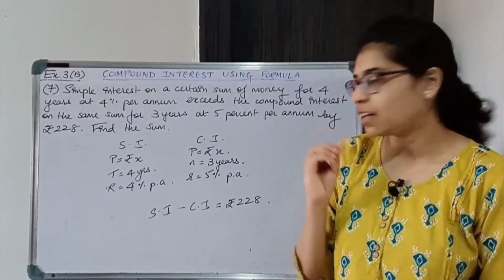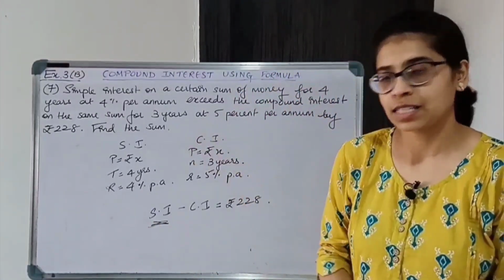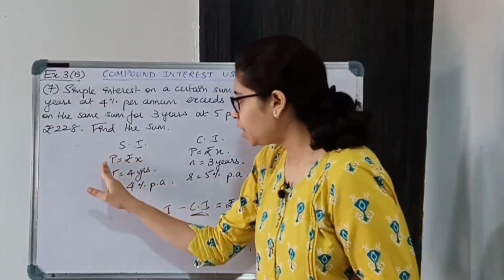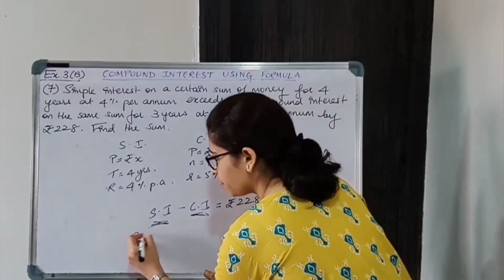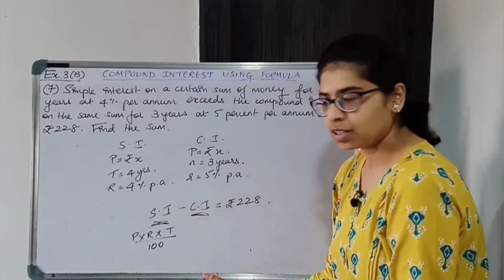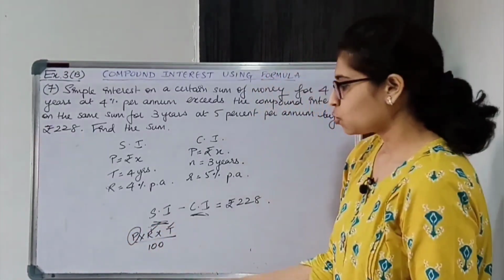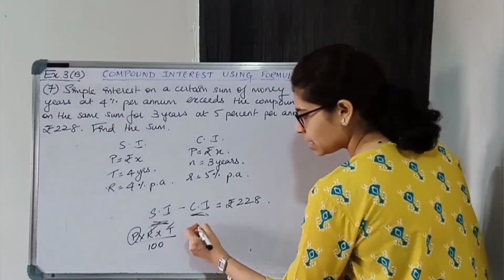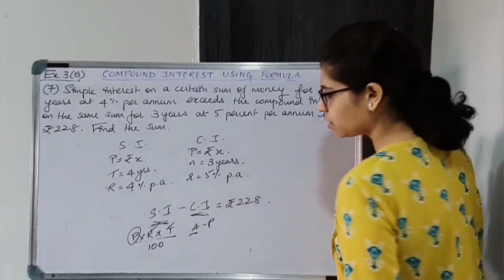Now we can easily find simple interest in terms of x, and similarly compound interest in terms of x. We know P R T, using the formula P into R into T upon 100. Here we have assumed x, so we'll get the answer in terms of x. Same thing with CI, it is A minus P. A is nothing but P into 1 plus R upon 100 raised to n.